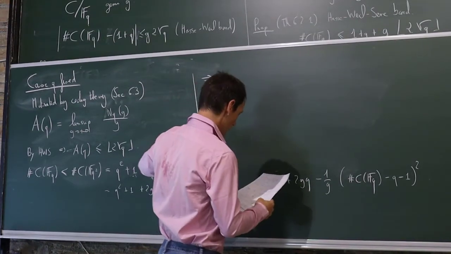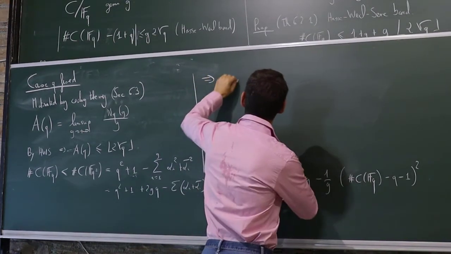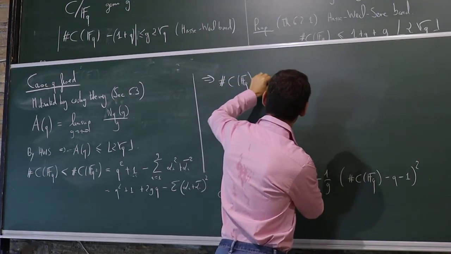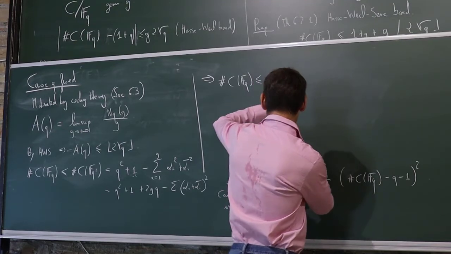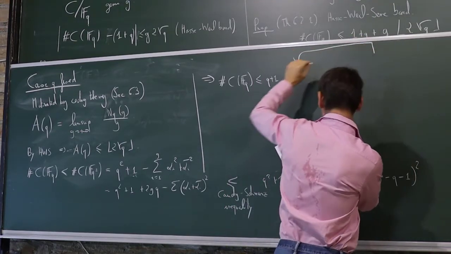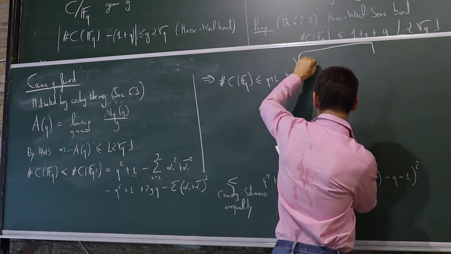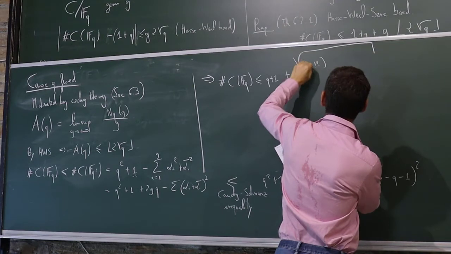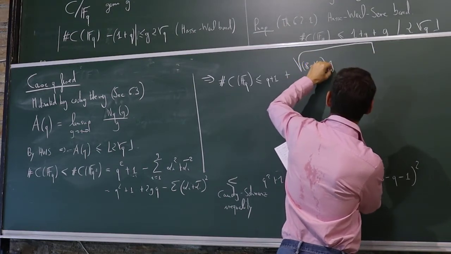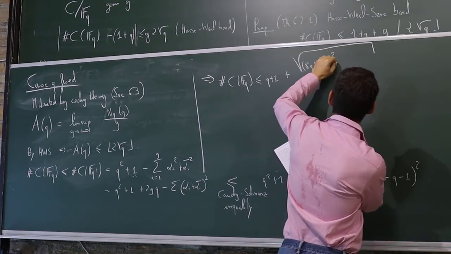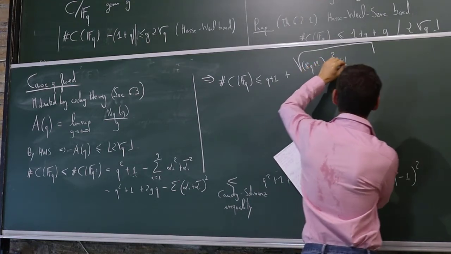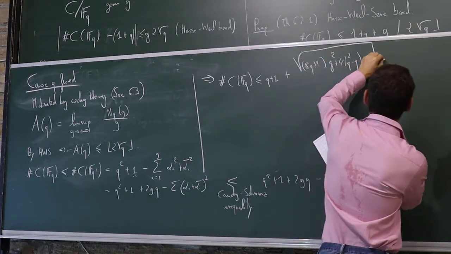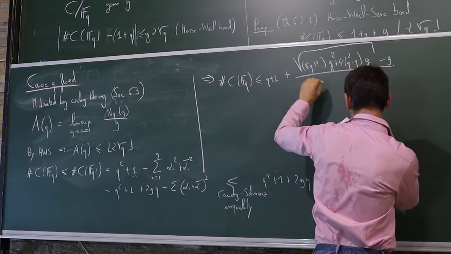So the inequality you get is that the number of points of C over F_q is less or equal to q plus 1 plus the square root of (8q plus 1) g squared plus 4q squared minus q g, minus g, everything over 2.